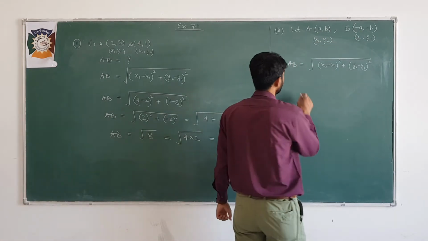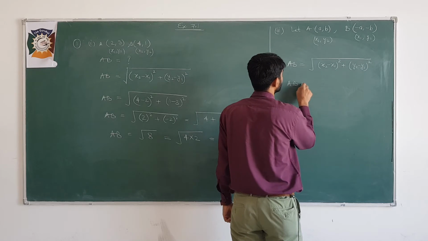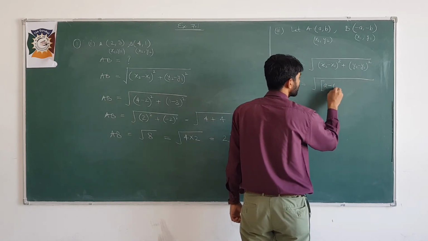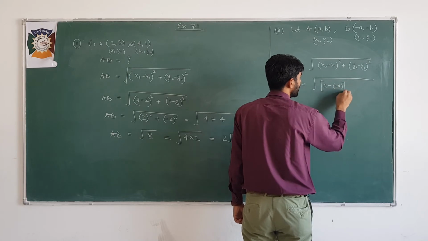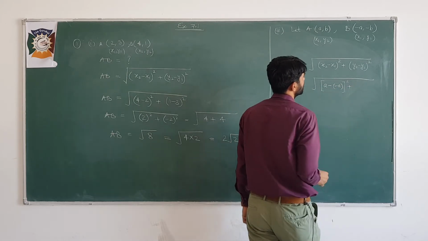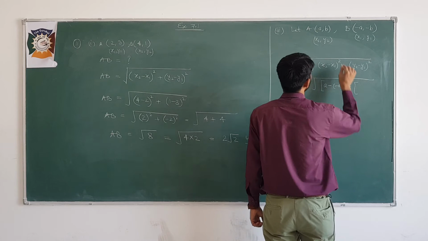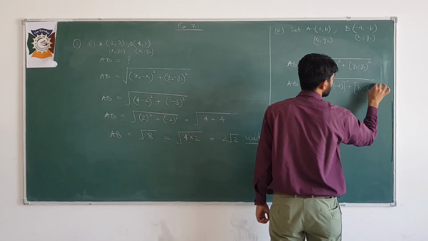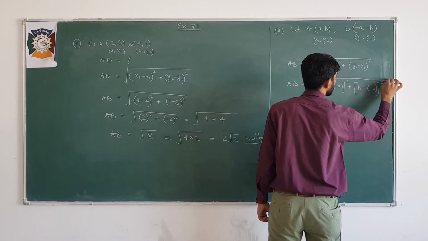So AB is equal to root over a minus minus a whole square plus b minus minus b whole square.